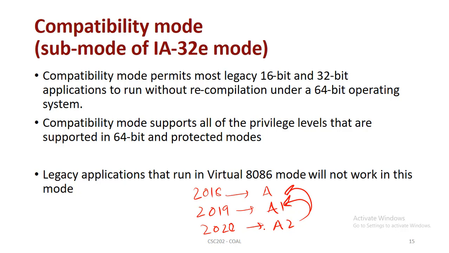There are a lot of things like compatibility, budgetary things, security challenges, and operational issues as well. That's why Intel still supports 16-bit applications even if you have a 32-bit operating system with a 32-bit microprocessor, and this can be achieved with the help of compatibility mode.